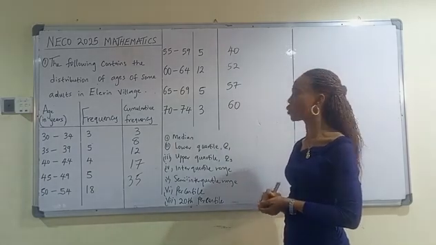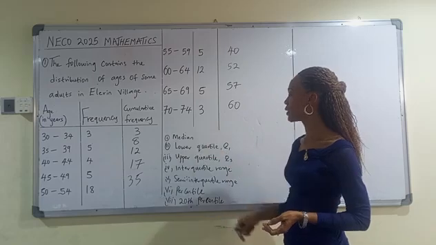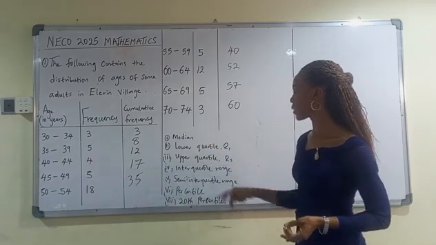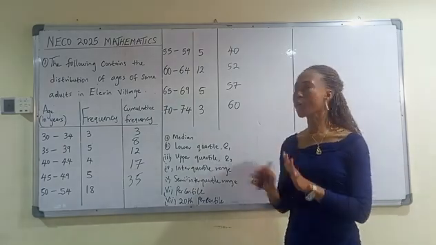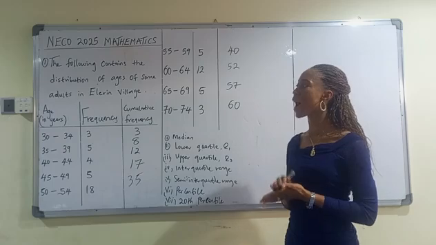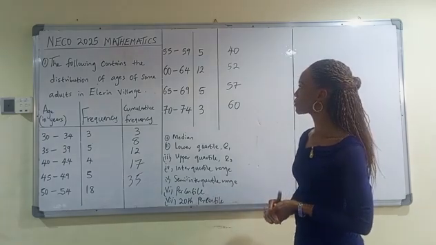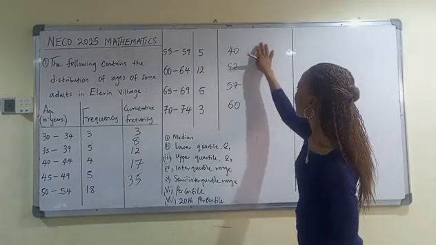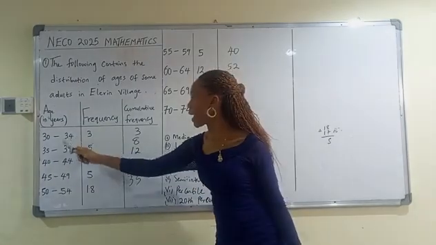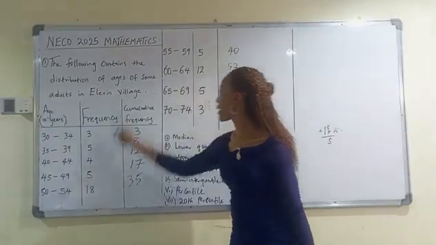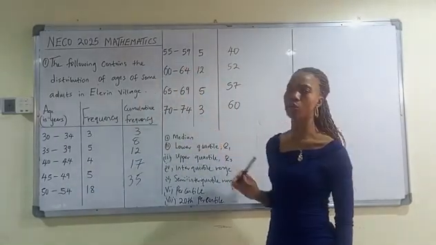Then the next thing to do is, how do we find the median, the lower quartile, the upper quartile, and all this? So before we can find this, we have to plot the cumulative frequency against these upper boundaries, the upper ones only.